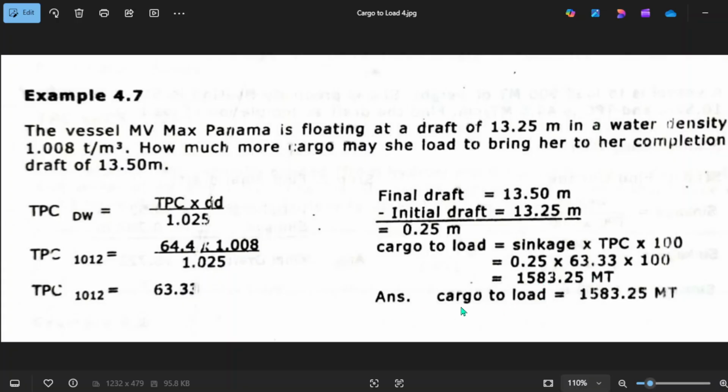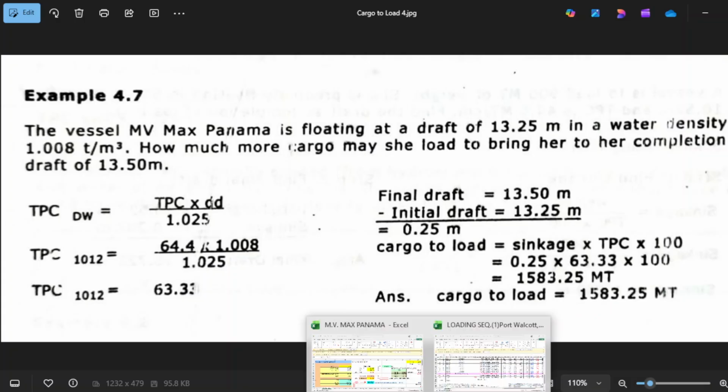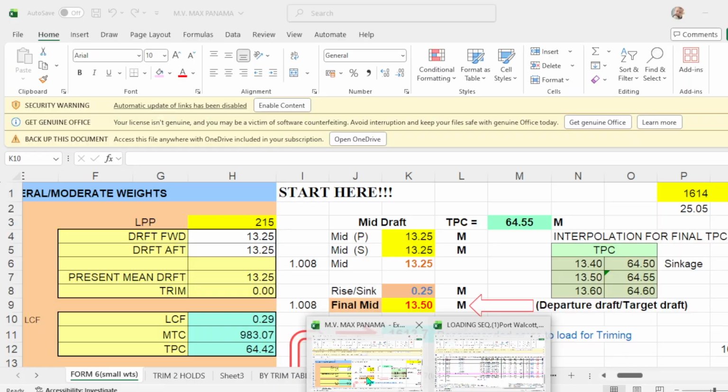So his answer for cargo to load is 1583.25. Now I will show you the operation of this program.